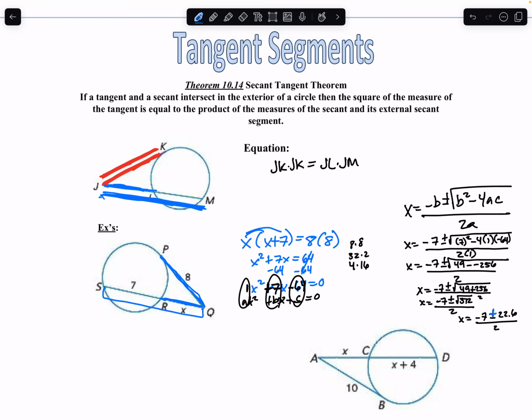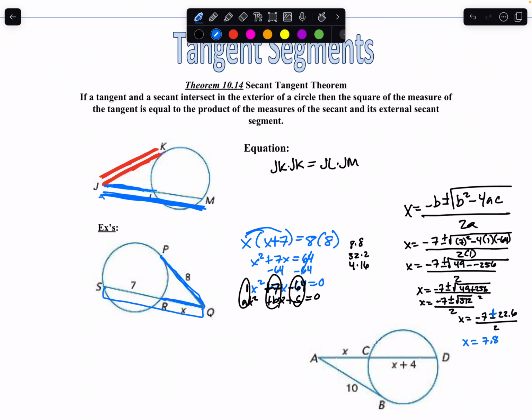So the plus version of it is x equals -7 plus 22.6 divided by 2, and that gives us 7.8.